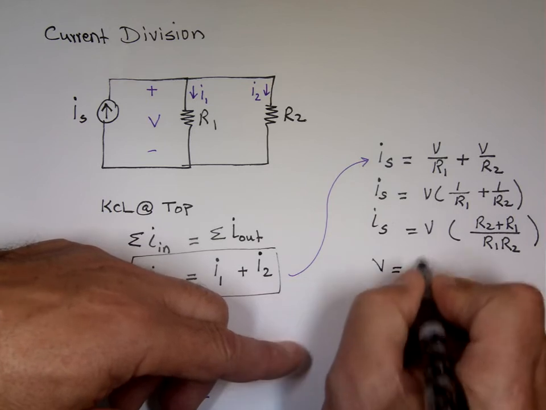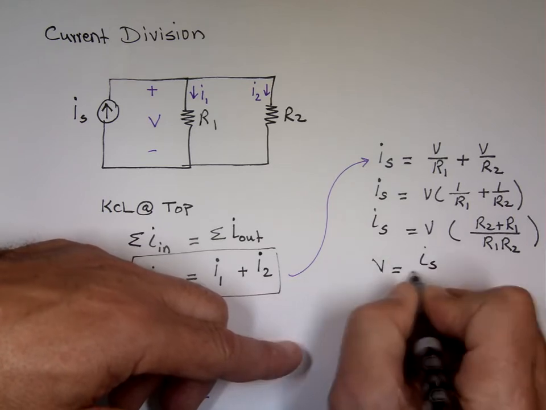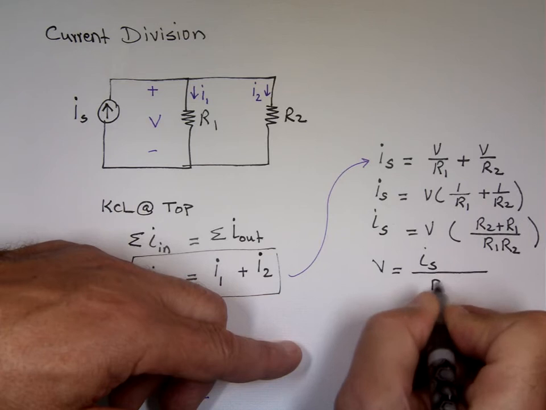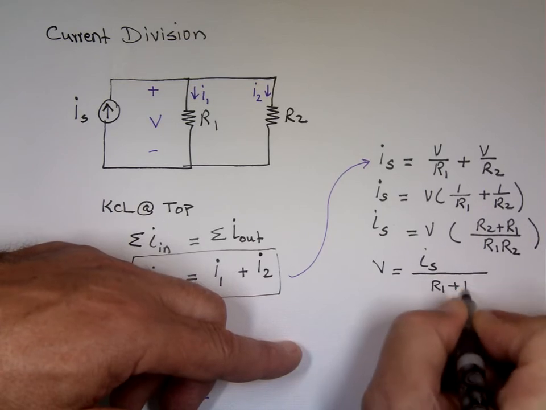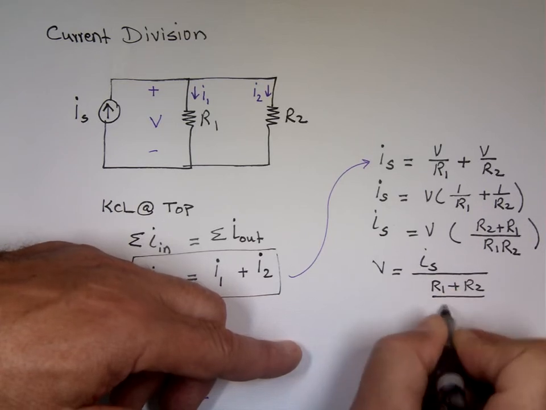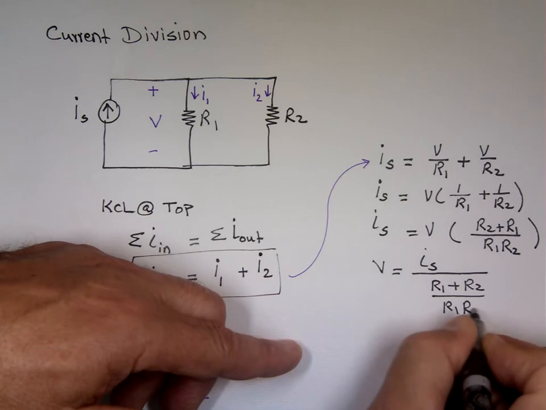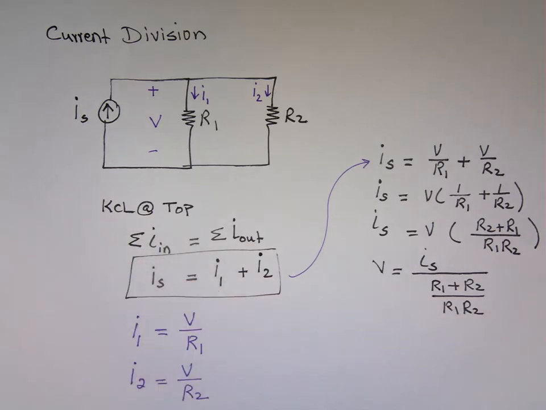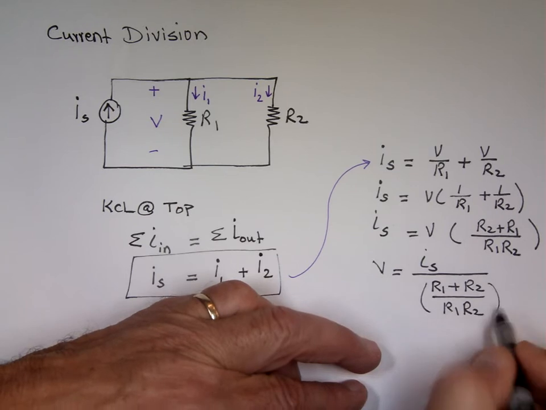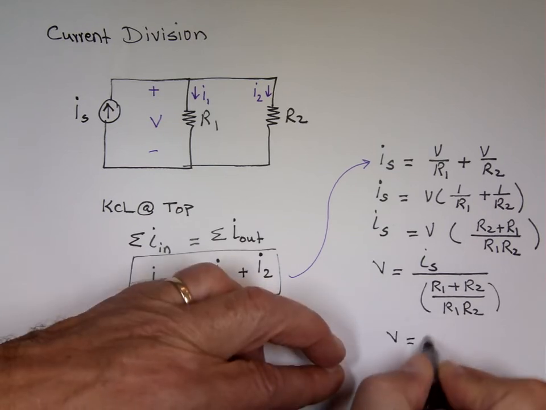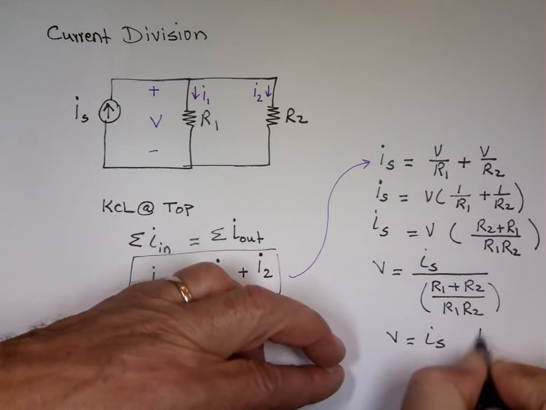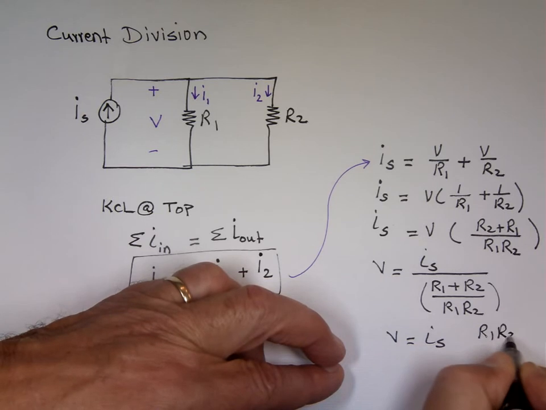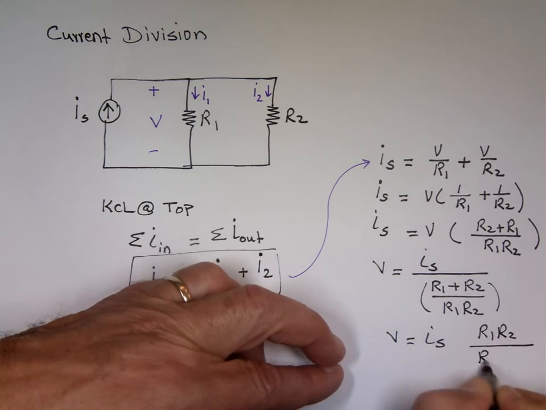I sub S divided by, I'm going to write that instead of R sub 2 plus R sub 1 is R sub 1 plus R sub 2. And when you divide by this fraction, that's the same as multiplying by what? R1 R sub 2 over R1 plus R sub 2.